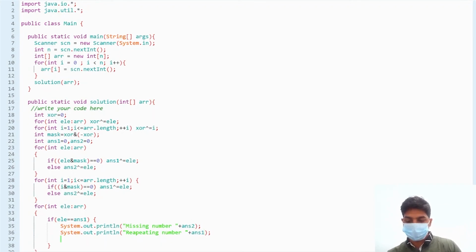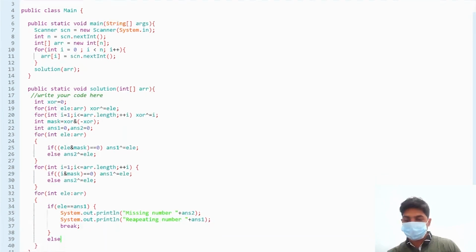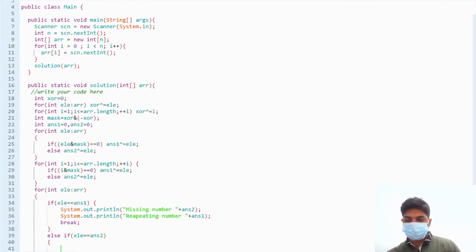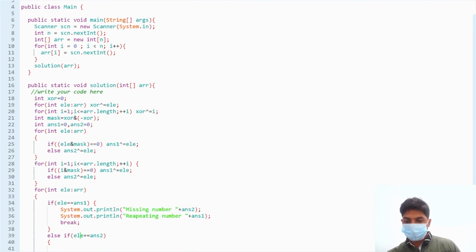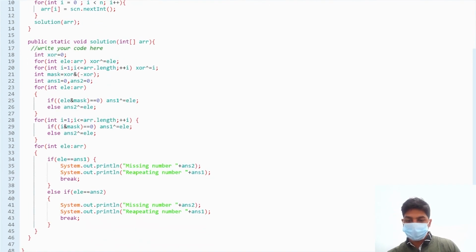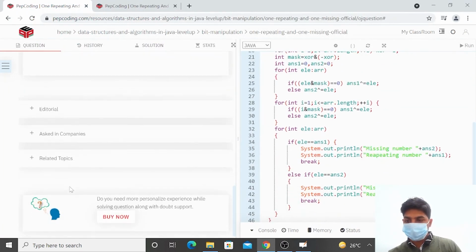After that we will break. Else another case is possible: if element equals answer 2, then we will print the reverse of this, answer 1 and answer 2. Okay, so let's see the output format.